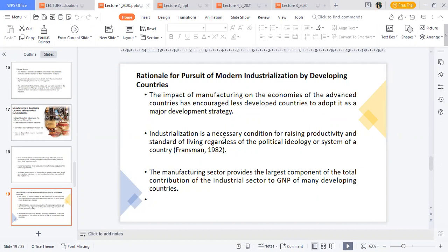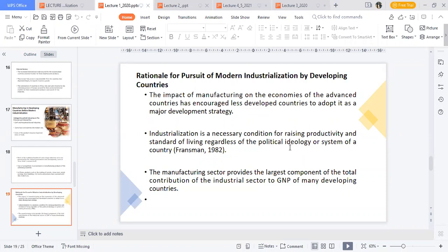Industrialization is a necessary condition for raising productivity and standard of living, regardless of political ideology. What does it mean? When people work, they get paid. When you work and get paid, you end up buying more things, and it increases production.